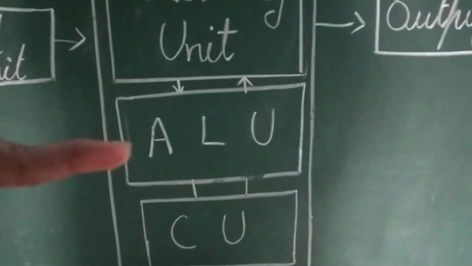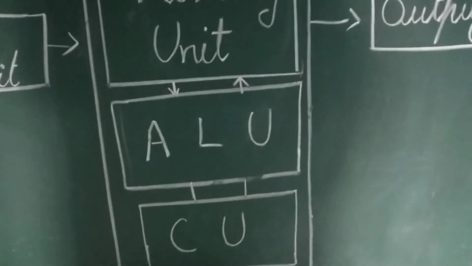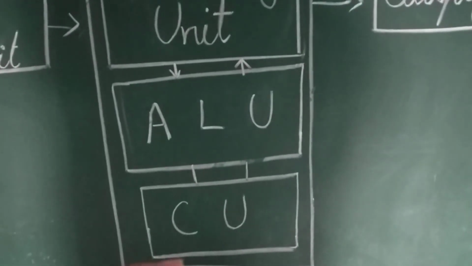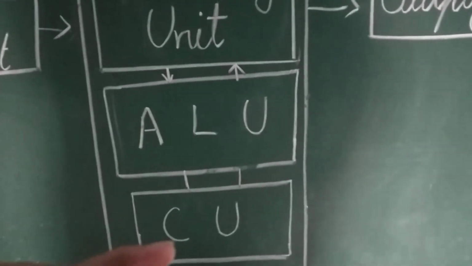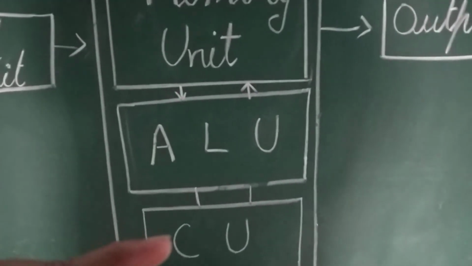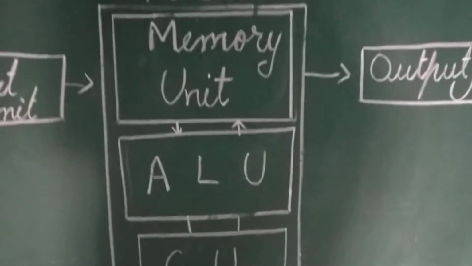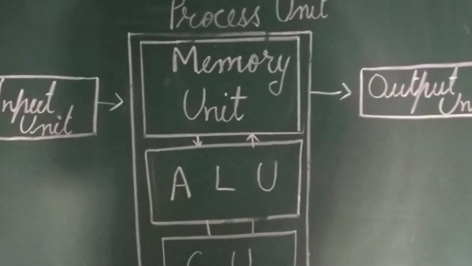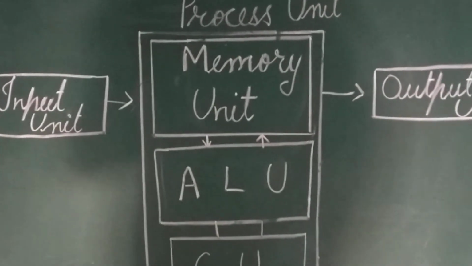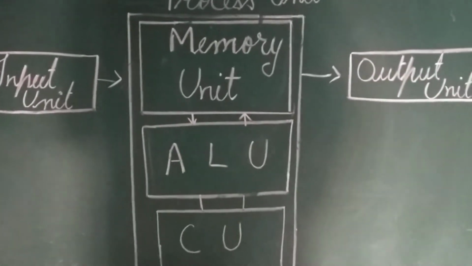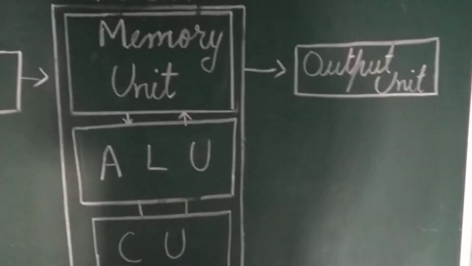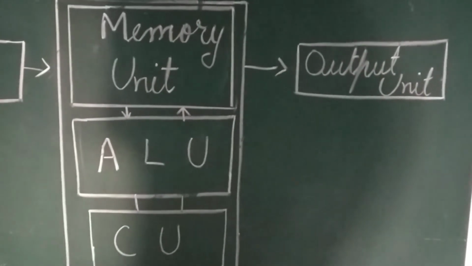If the ALU processes our data, then what is the work of the control unit? Actually, the control unit works to control all the parts of the computer, meaning the flow of the data, and that all the devices are working properly in the correct manner. All that controlling is done by the control unit.